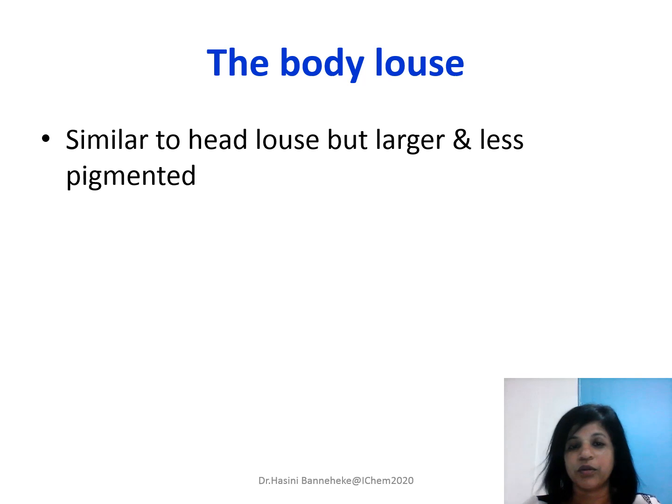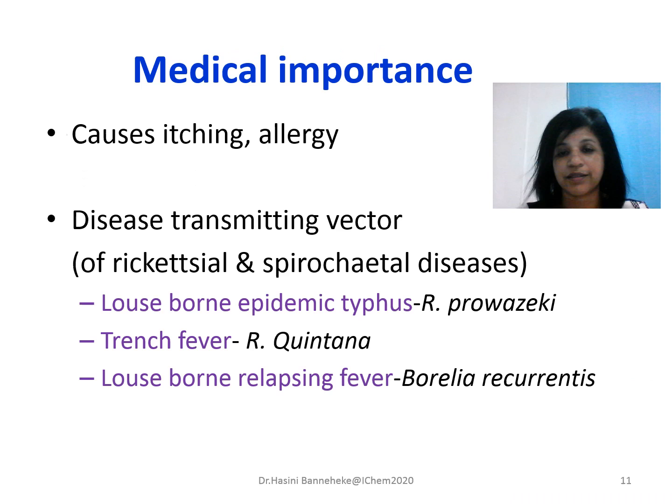Then let's move on to the body louse. Now body louse is actually on the body surface of the human. They look alike to scalp lice, so the size and the shape and the appearance is more or less similar, but the body louse is larger and its color is much lighter than that of head lice. And the medical importance of body louse is more than the head louse.